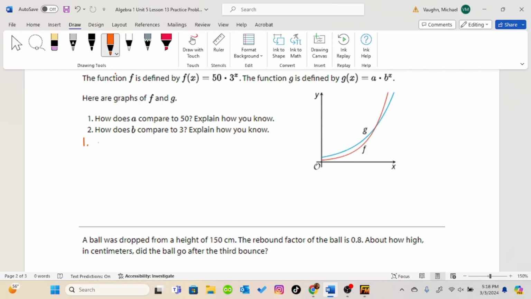So that means a must be greater than 50 because the y-intercept for g of x is higher than for f of x.